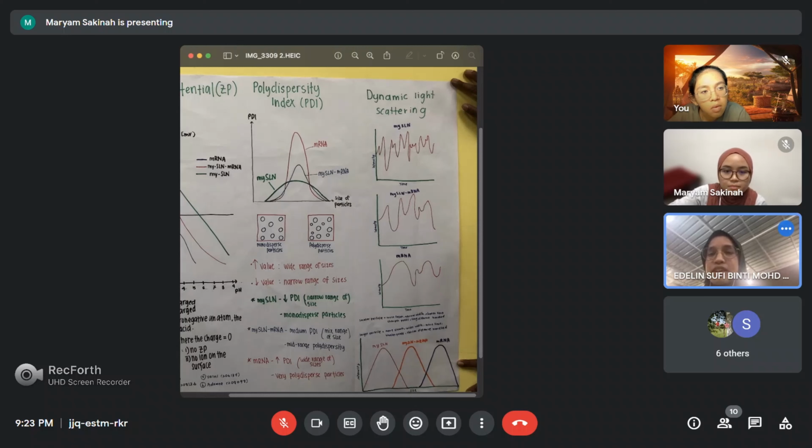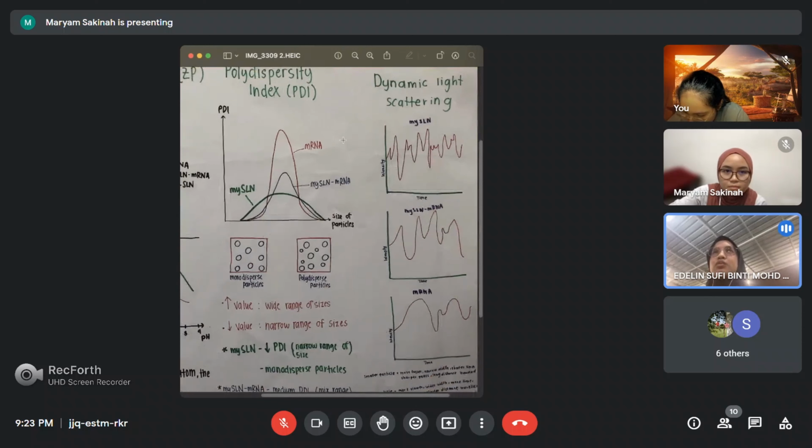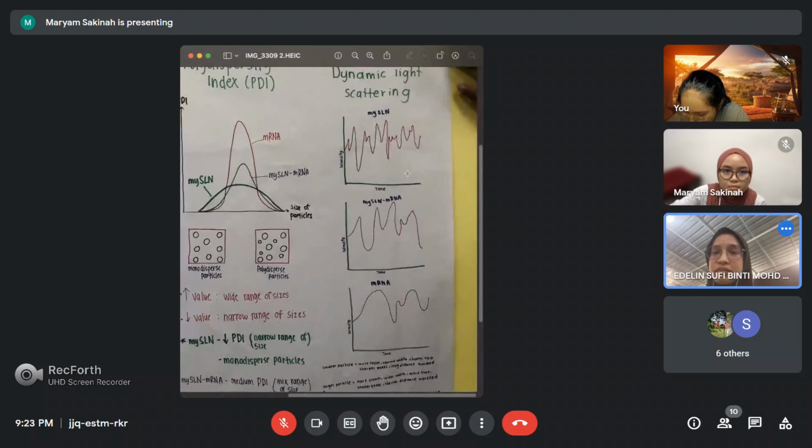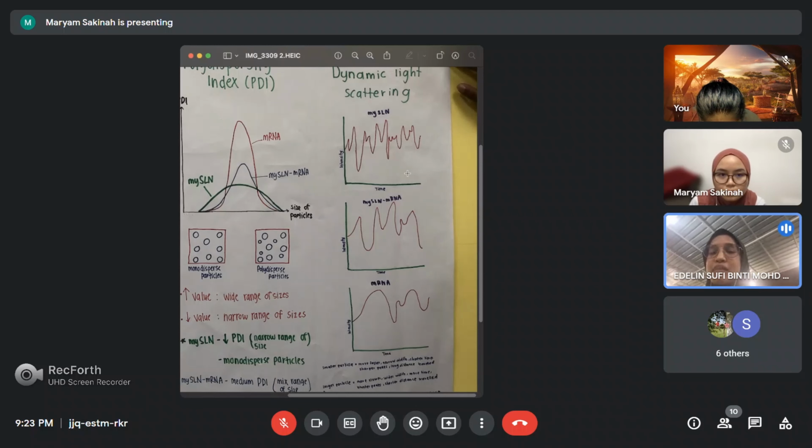As you can see for the first graph, which is the MySLN, which we know as the capsule of the nanoparticle, the SLN is actually in a smaller size than mRNA, and also the combination of the MySLN and mRNA, because as we can see in the graph, the intensity of the MySLN is short and has so many peaks.